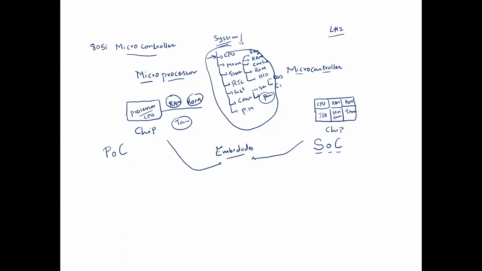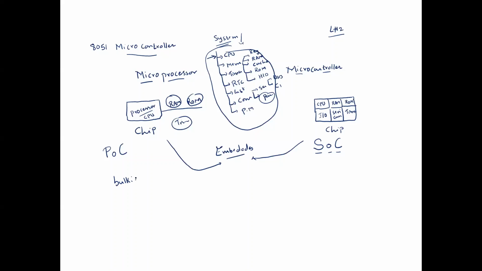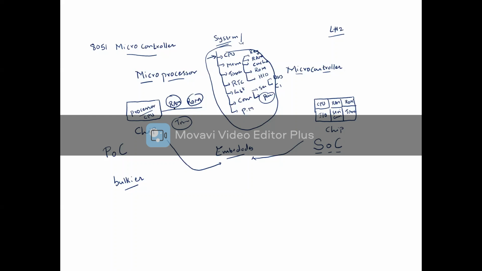If you connect other system resources like RAM, ROM, and timers, what happens to the size of the complete system? It becomes bulkier. Why? Because we need to connect the other resources with cables, purchase RAM, and connect it to the address bus and data bus.